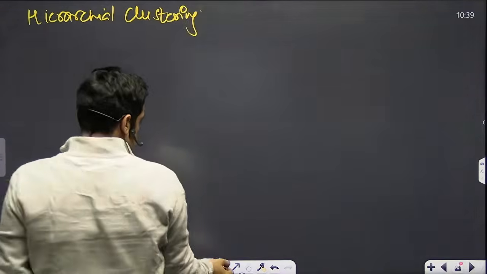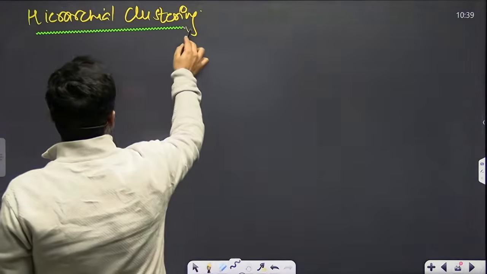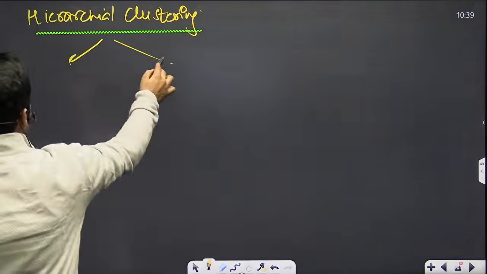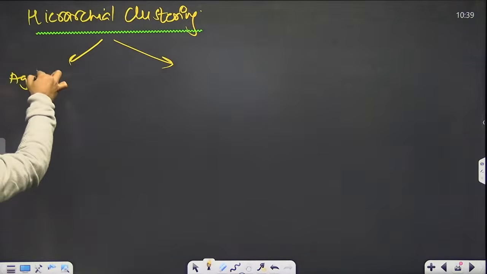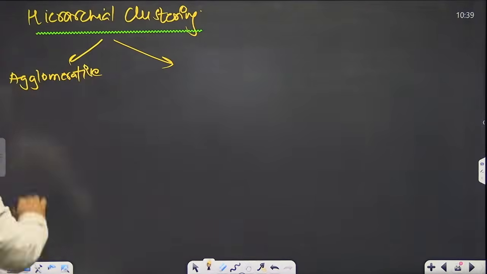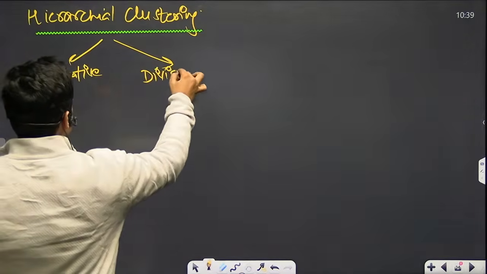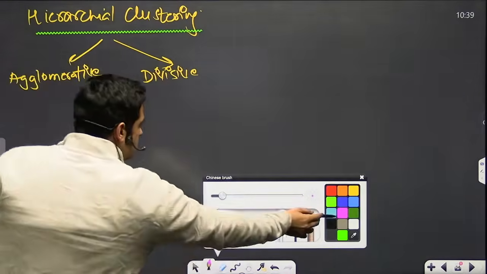Okay, so we have two types of hierarchical clustering. The first one is agglomerative, and the second one is divisive.